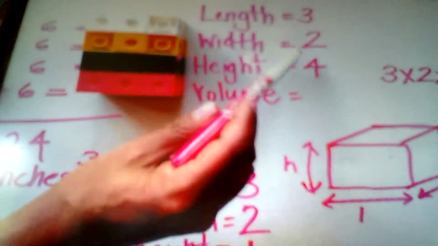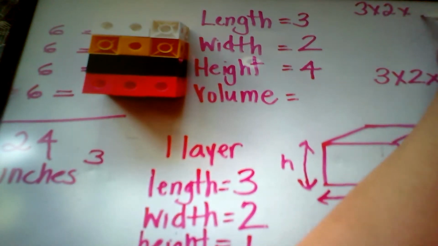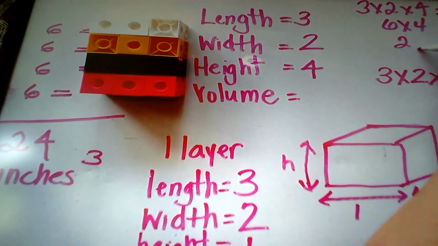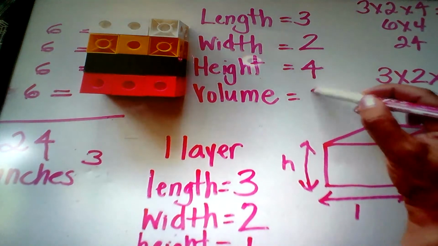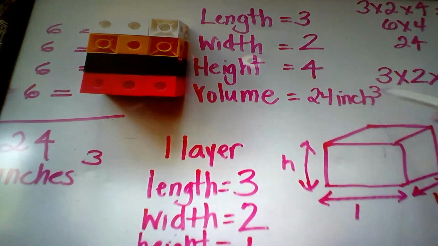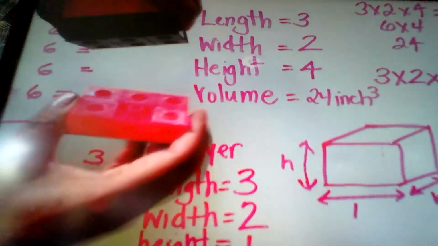Now if we take all of these numbers, we get 6 times 4, which gives us 24, which is the volume of this figure.